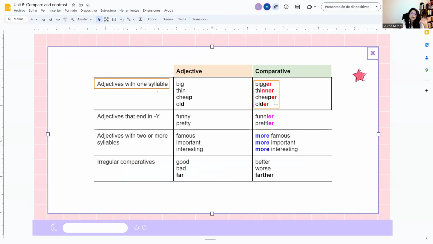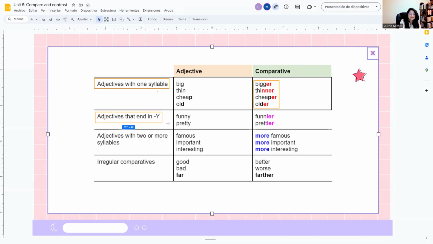So bigger, thinner, cheaper, and older. So for example, my bedroom is bigger than my bathroom. All right, so just comparing two elements using a short adjective, adding ER and the word than. So bigger than. What else?